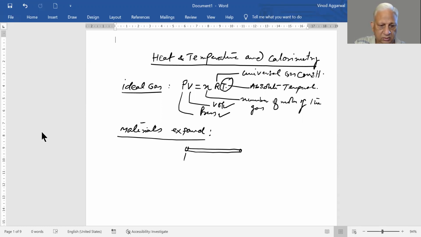Suppose this is the initial length L0. If we heat it from, let us say, temperature T1 to T2, what happens? It expands by this delta L length.